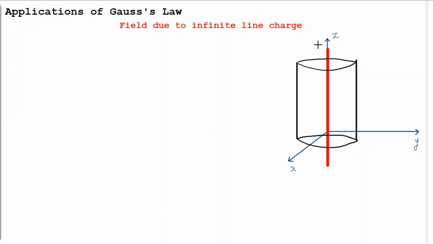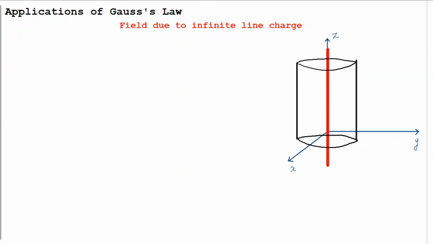The z-axis is passing through the axis of the cylinder. This has to be true for the symmetry, otherwise the derivation is going to be complicated. So we assume that the line charge which I have kept along the z-axis is passing through the axis of the cylinder, which is my closed surface now.